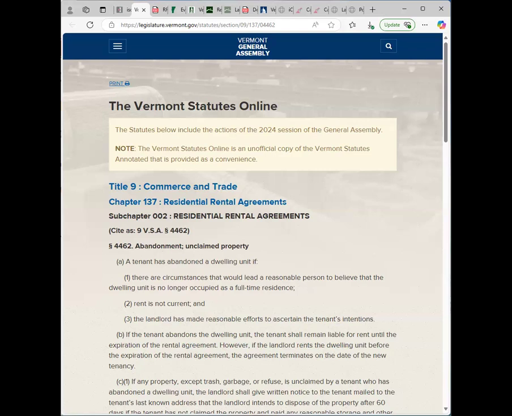So if you're listening to this podcast, chances are that you are already or are about to be a landlord in the great state of Vermont. Things that you can do to help yourself are read the Vermont Residential Rental Agreement, which is Vermont Title 9, Chapter 137. Read it. The next thing you can do is get yourself in a group, whether it's either in person or in social media, with like-minded individuals, meaning other landlords in Vermont.